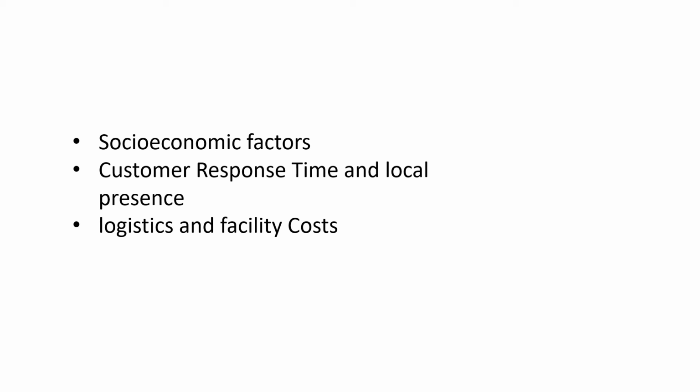Customer response time and local presence. Organizations that target customers who value a short response time must locate close to the company. For example, customers are unlikely to come to a convenience store if they have to travel a long distance to get there. It is therefore best for a convenience store chain to have many stores distributed in an area so that most people have a convenience store close to them.